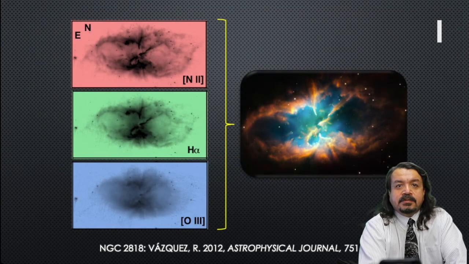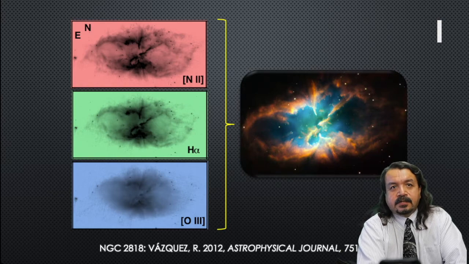For example, these images were taken with a filter that only passes the hydrogen line H alpha, while these other images deal with emission of ionized nitrogen, the upper, and double ionized oxygen, the lower. Let's see this slowly.